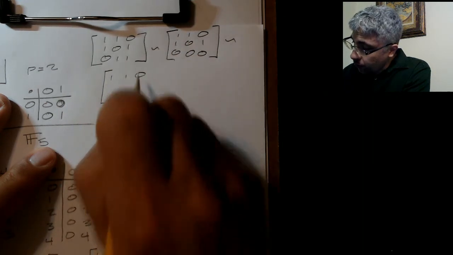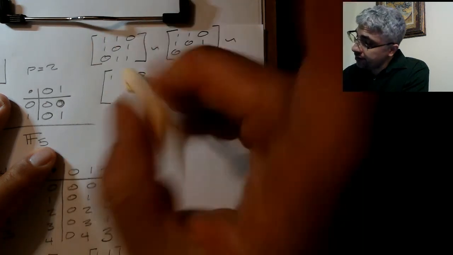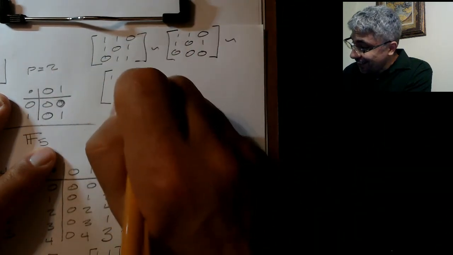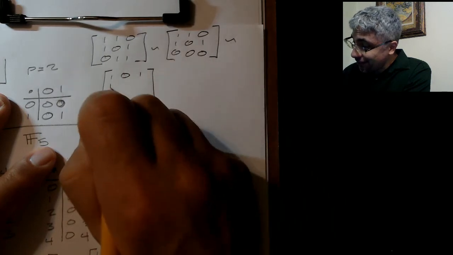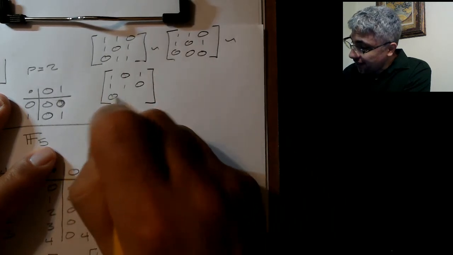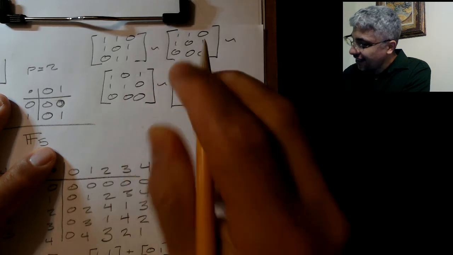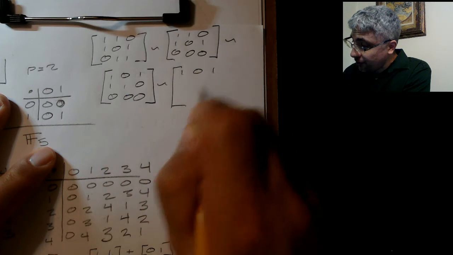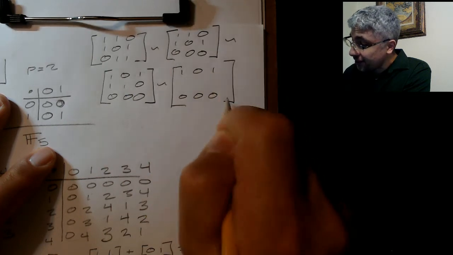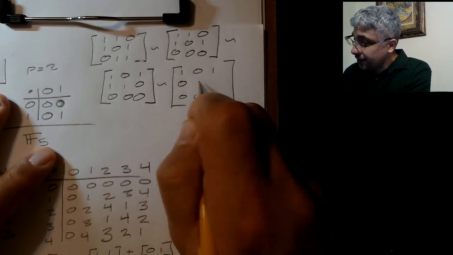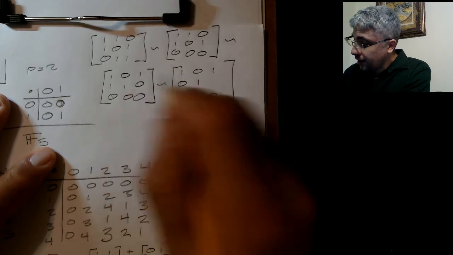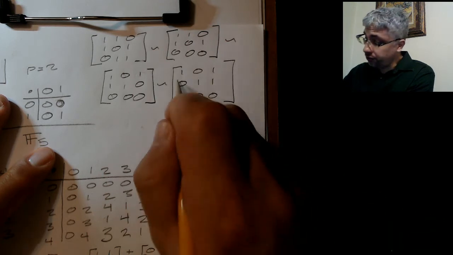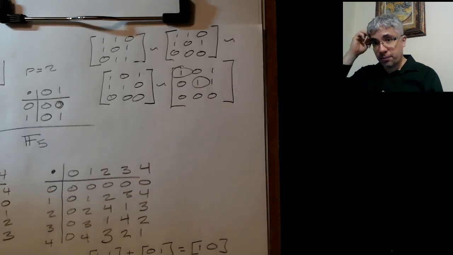Doesn't really matter. We're going to get there very quickly, no matter what we do. Okay, so now I'm going to add the first row to the second row. I still have a 1, 0, 1. I still have a 0, 0, 0. But what do I have here? I have a 0 and a 1 and a 1 and a 0, which is a 1. And that's it. That's the row-reduced form of our matrix. We have those two pivots right there.